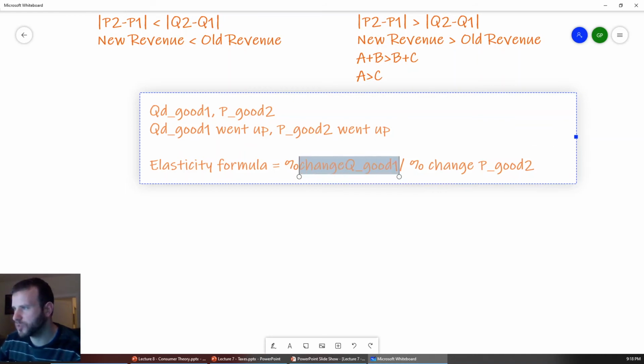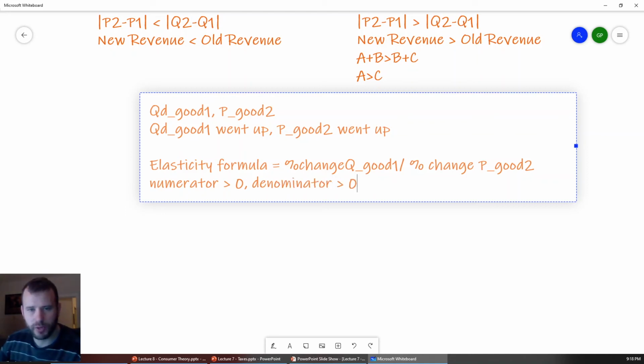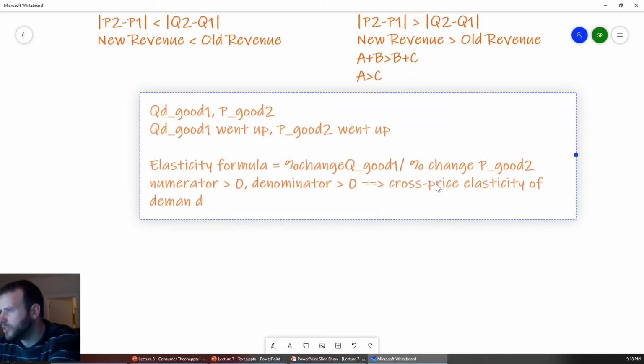The percent change is positive in both cases, because the price is going up and the quantity is going up. So the numerator is greater than 0 and the denominator is greater than 0, which means the whole fraction is greater than 0. So the cross price elasticity of demand is greater than 0.